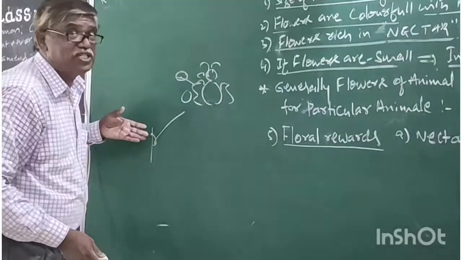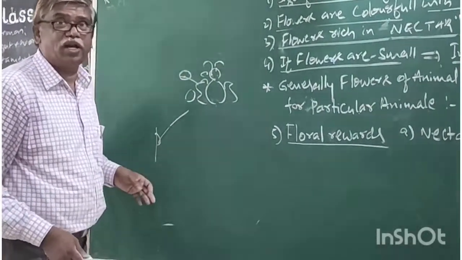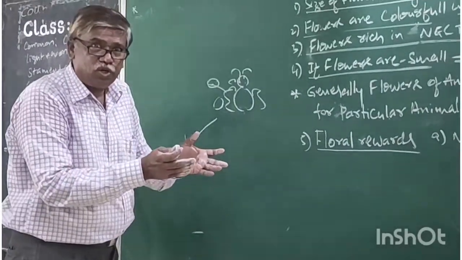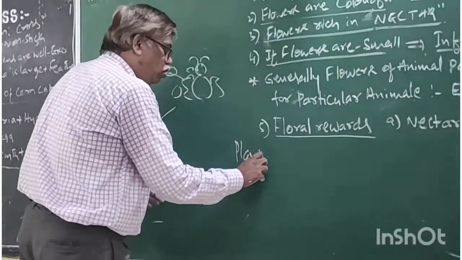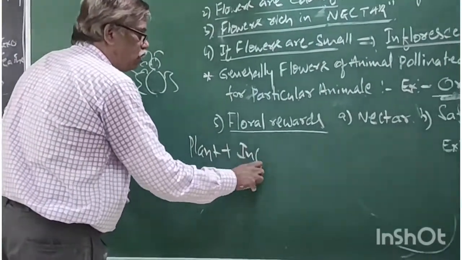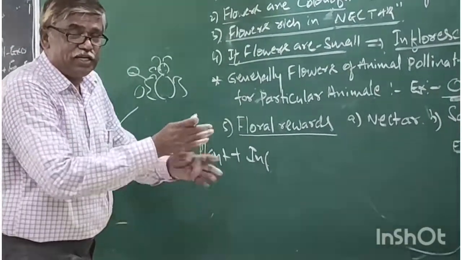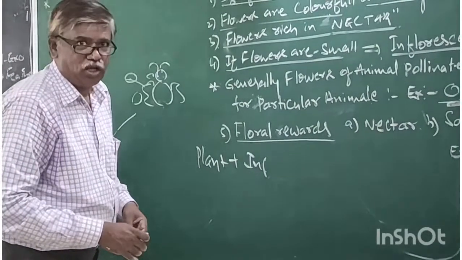Otherwise, the insects cannot visit the flower. That means plant and insect both are benefited. Hence, it is a mutual symbiotic association.